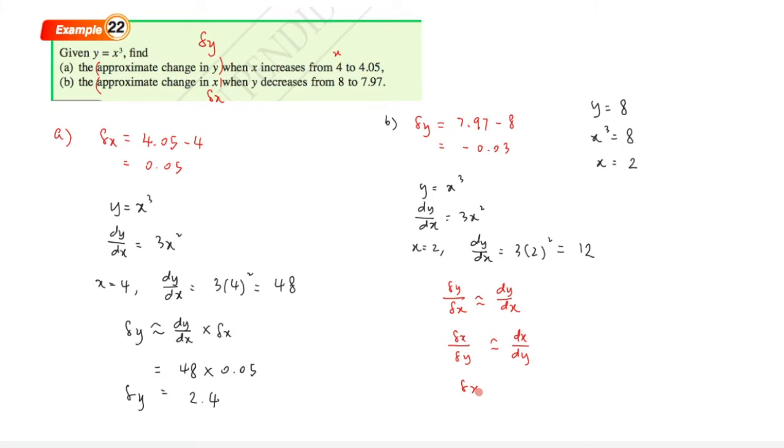So now delta x equals dx/dy multiplied by delta y. dx/dy is the flip of this: 1 over 12, since dy/dx is 12. Delta y is negative 0.03. So therefore delta x equals negative 0.0025.